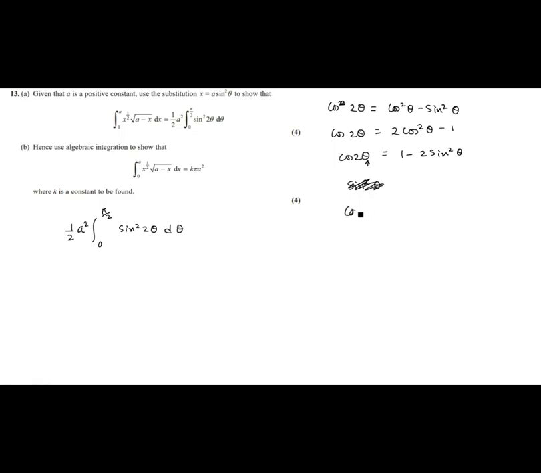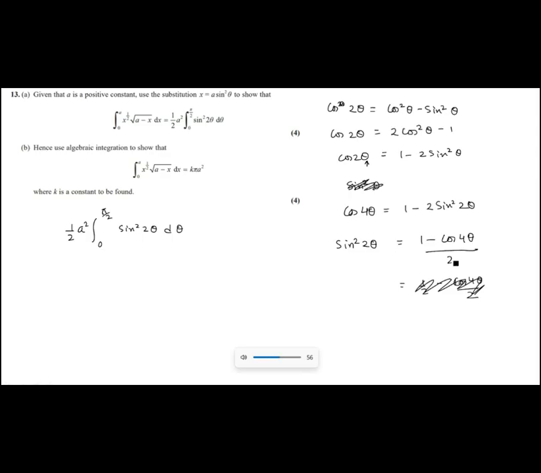So this becomes cos 4 theta equals 1 minus 2 sine square 2 theta, in order to match with what we have here. Now if we make sine square 2 theta the subject, sine square 2 theta equals 1 minus cos 4 theta over 2.